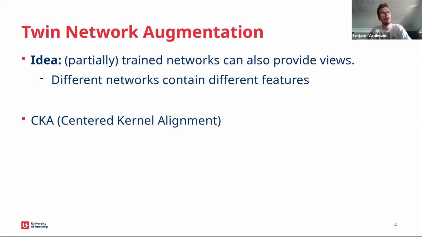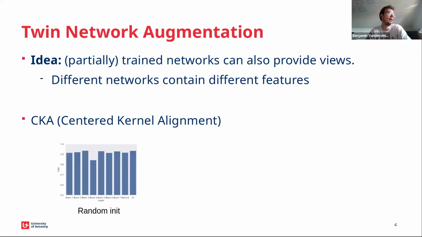When we do it for two randomly initialized networks, we can see that the CKA, so the similarity, is pretty high. We get around 80 to 90% similarity in each layer. So those are still quite similar.